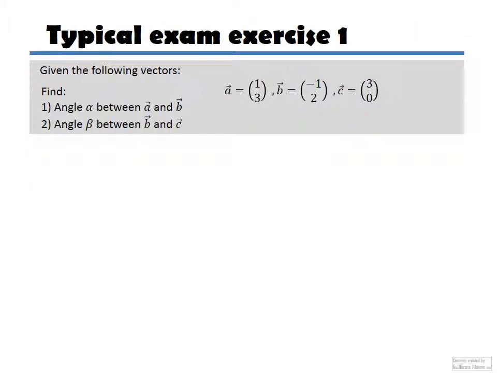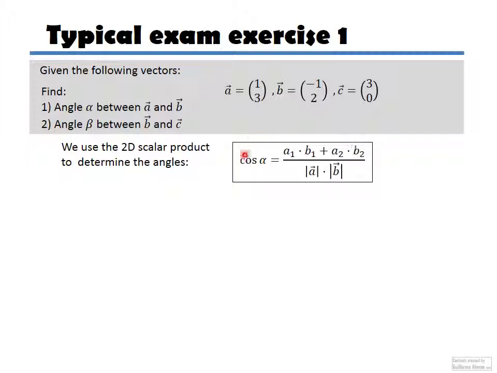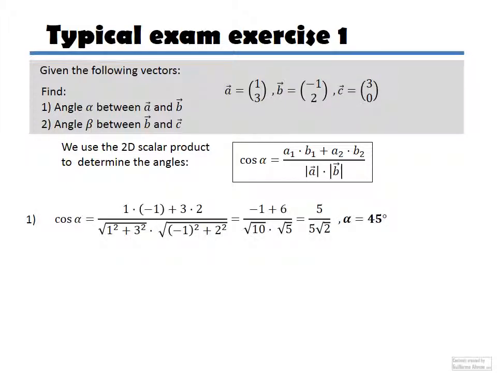So here's a typical exercise. I'm going to do it with two-dimensional vectors. I can calculate the angle between vector A and vector B. How do I do that? Again, I use the scalar product. I have this formula here available in your formula booklet. So it's going to mean that 1 times minus 1 plus 3 times 2.